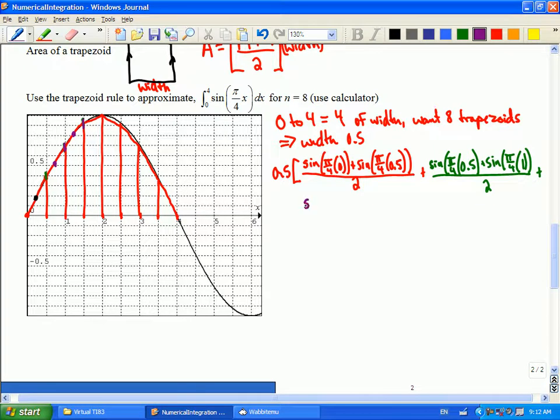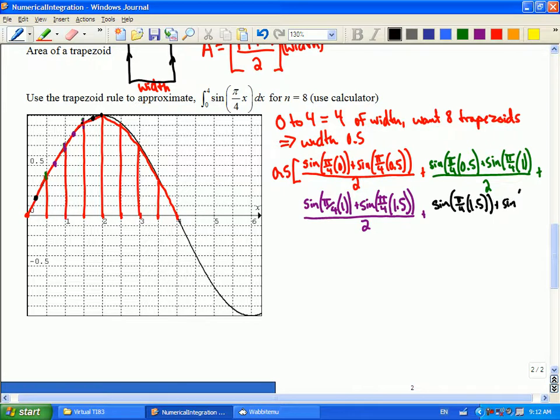It'll be sine of pi over 4 times 1 plus sine of pi over 4 times 1.5 on the right side. And then the next one would be sine of pi over 4 times 1.5 plus sine of pi over 4 times 2.